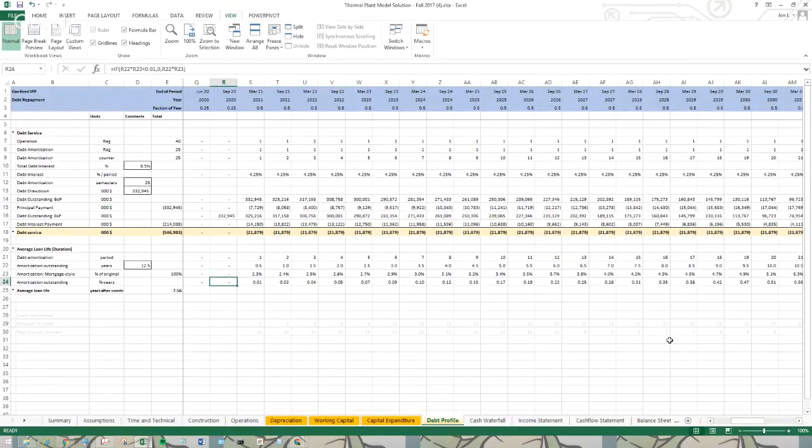And so really the technical term is that a $332 million loan that amortizes based on this schedule over 25 semesters is equivalent to a zero interest loan that's a bullet payment. Like you don't pay any principal.